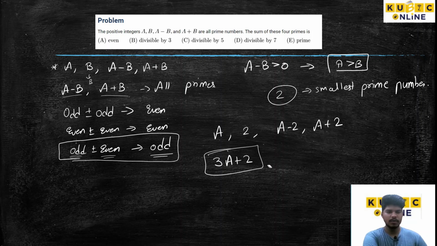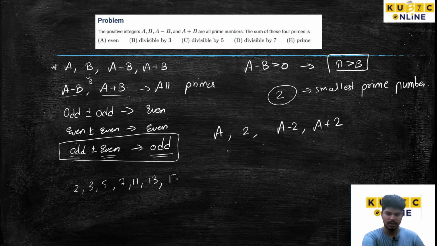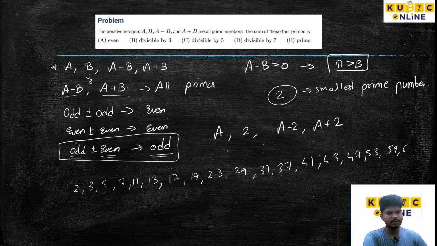Now we have to find one more. So let's write down all the prime numbers: 2, 3, 5, 7, 11, 13, 17, 19, 23, 29, 31, 37, 41, 43, 47, 53, 59, 61, 67, 71, 73, 79, 83, 89, 97.